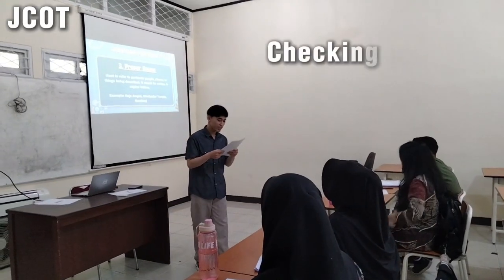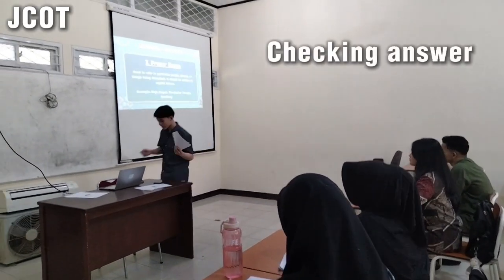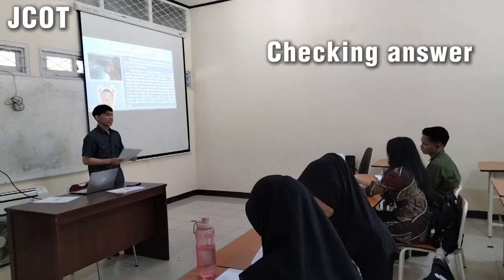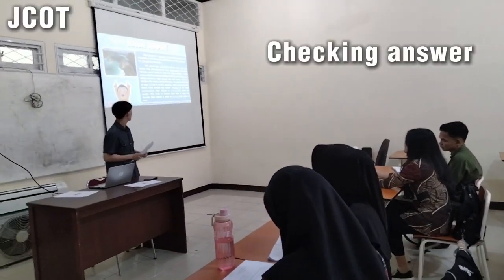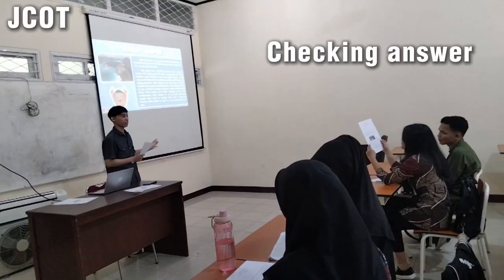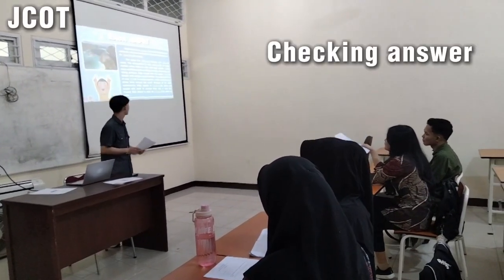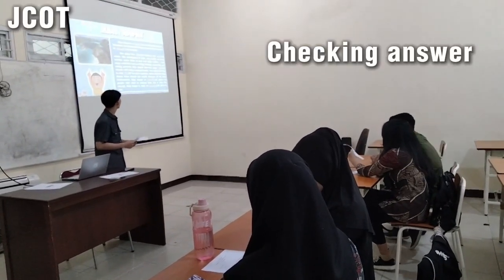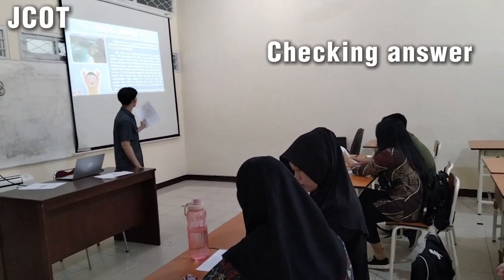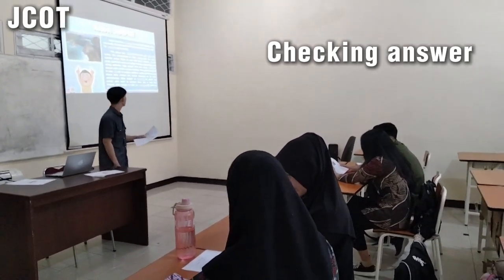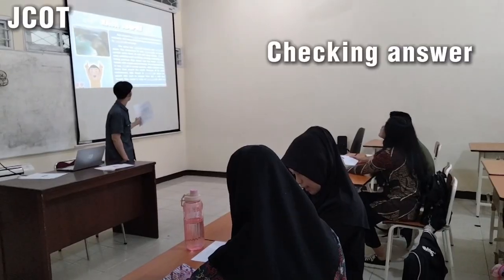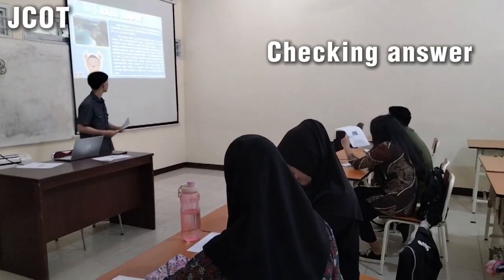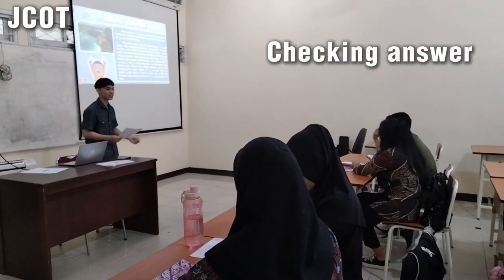Time's up. So now let's check the answers. Okay, here as you can see, answer number 1 is popular, number 2 beautiful scenery, number 3 clean, number 4 clear, number 5 relaxing, number 6 do, number 7 have small, number 8 is very rich, number 9 peaceful, and the last one amazing.